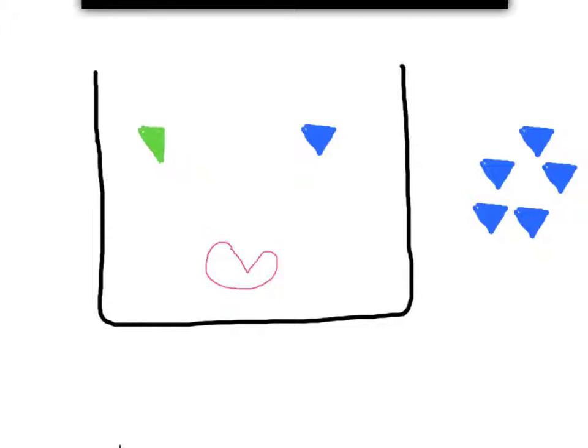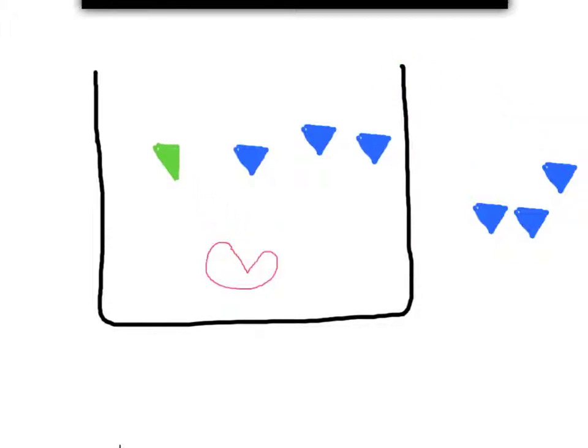However, the effect of the inhibitor becomes less as you add more substrate in. So in this case, the inhibitor only has a 1 in 3 chance of colliding and binding with that enzyme molecule.